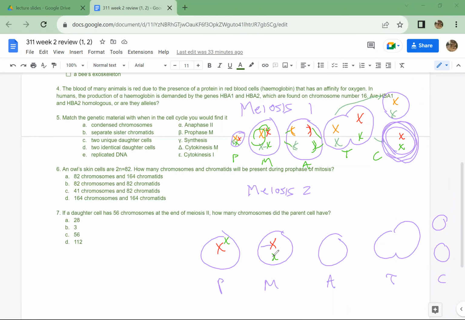So instead, they just line up in the center by themselves, which makes it such that spindles can attach now to the individual sister chromatids. Sorry, those should be connected at the poles. So now the spindles, instead of just attaching to the chromosome as a whole, attach to the individual chromatid, and then they pull our chromosomes apart into the sister chromatids that make them up.